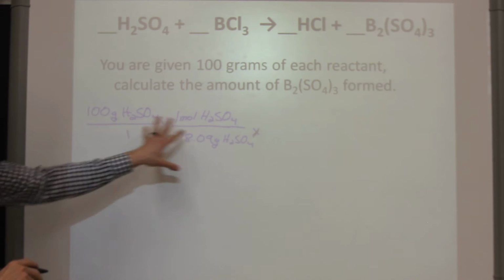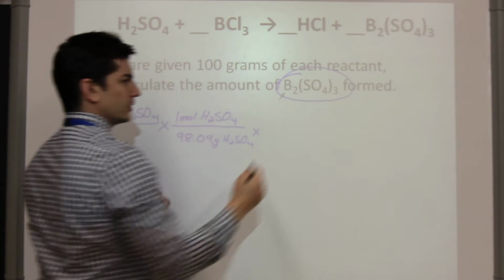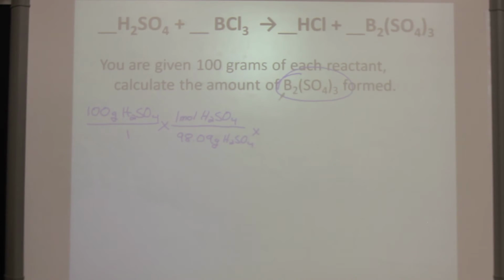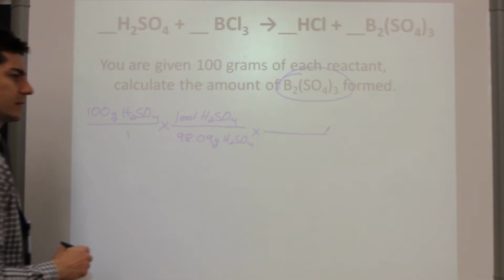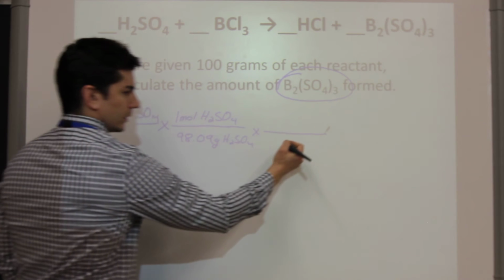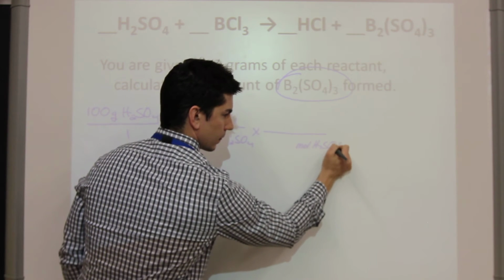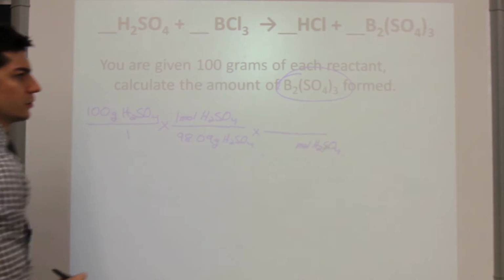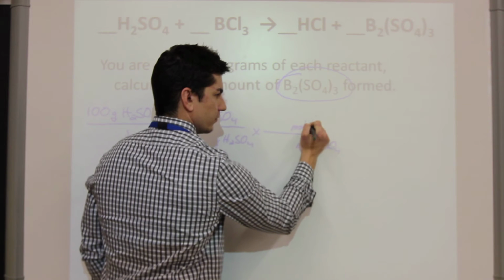So we're going to have 4 of these steps here, because we want to find out how much B2SO4 is produced. So we're going to do a mole ratio just like we did on the last one. So we're going to have moles of H2SO4 on the bottom.